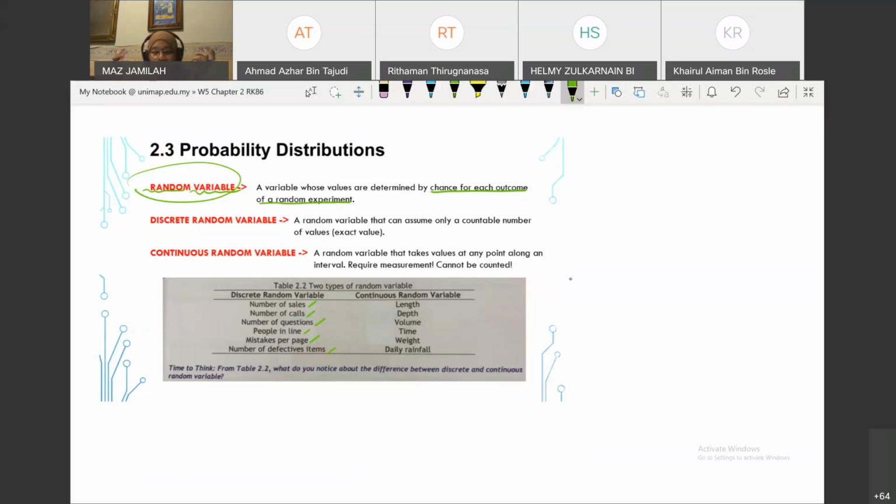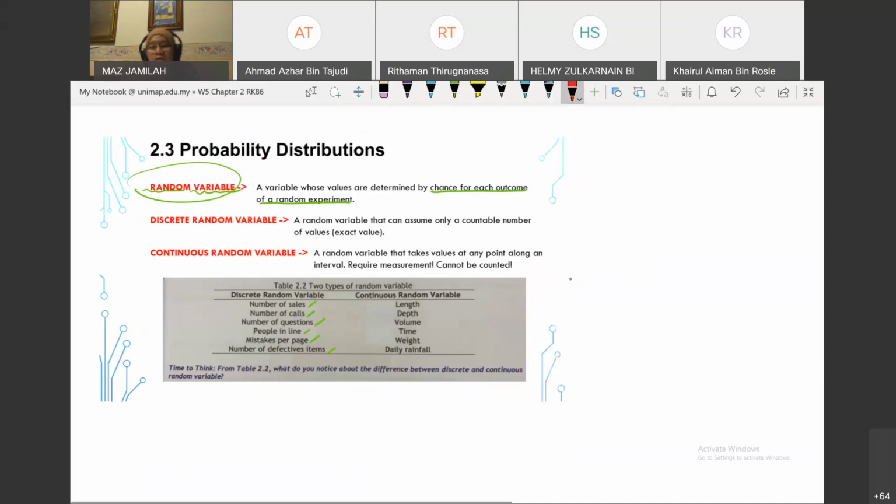So if you look at one page full of sentences, you can count the number of mistakes or typos that you have. So again, it will be an exact value. The same with defective items. Okay, exact value again.